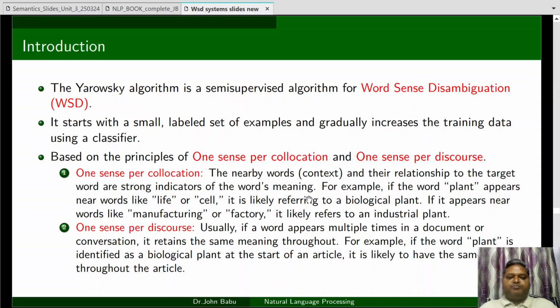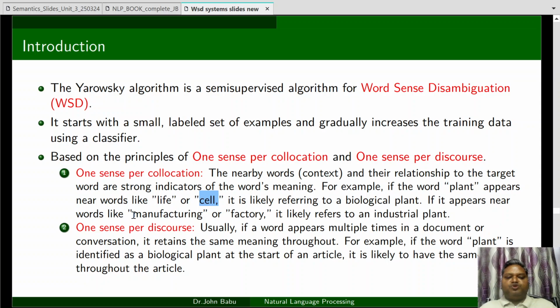For example, if plant is ambiguous, and the nearer words are like life, cell, greenery, water, then this is talking about a biological plant.